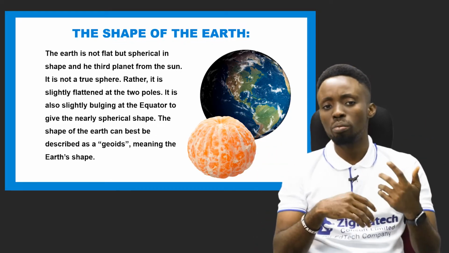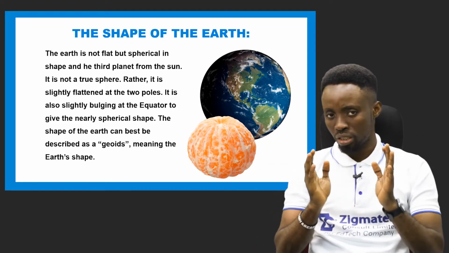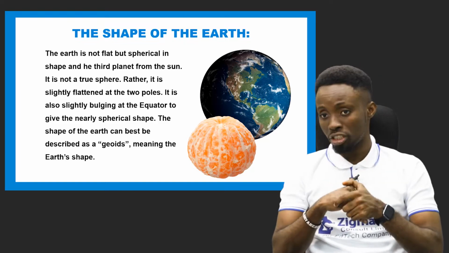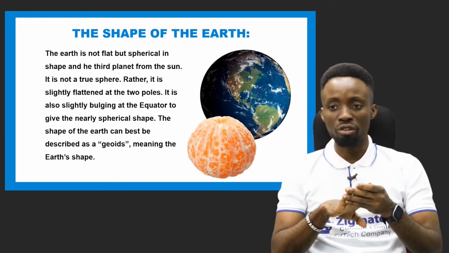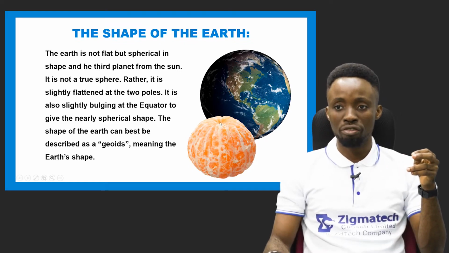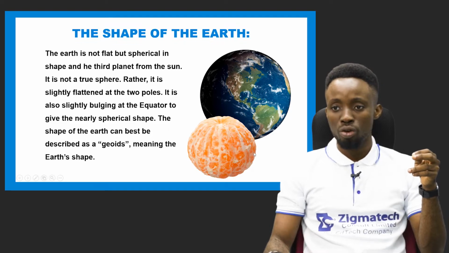So we can compare the Earth's shape to the shape of an orange, where if you look at the peeled orange we have here, you will discover that here is a bit flat, and at the equator, at the midpoint here, we have it bulging out.